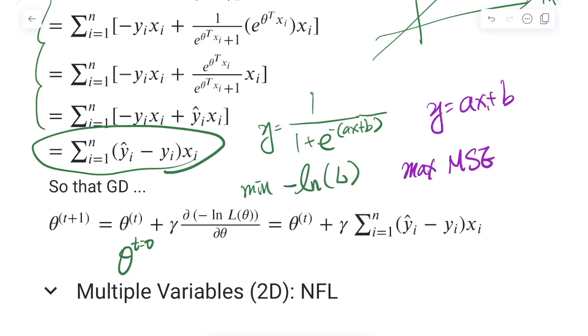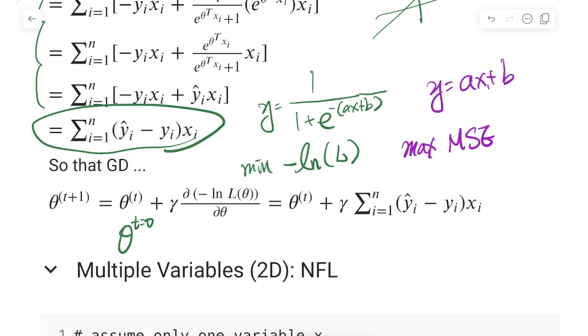So in order to find the minimum value of the MSE or the minus log likelihood, we still use gradient descent.